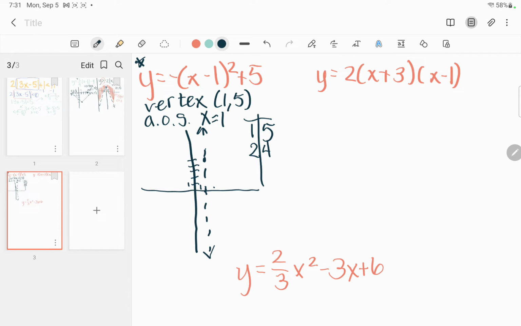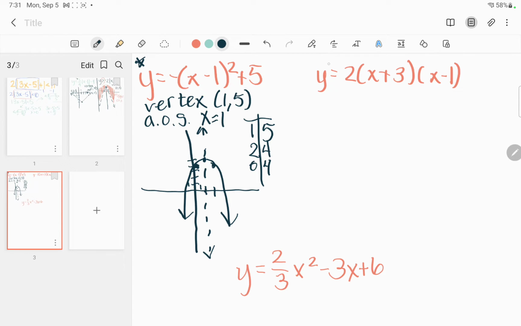So my next point would be 2, 4. Here that is. And if I use my mirror point, then I would have 0, also 4. So that's a pretty easy way to do this. Get my nice symmetric parabola. This is rather poorly drawn, but you get the idea. So that's the vertex form of the parabola.